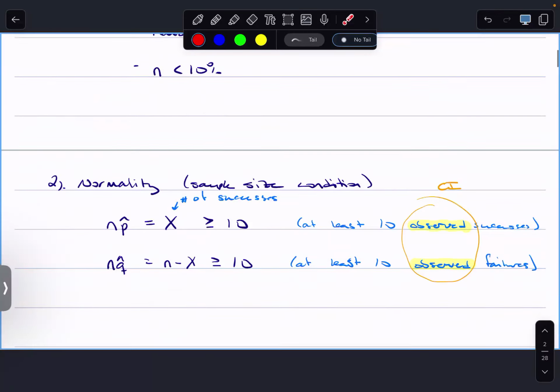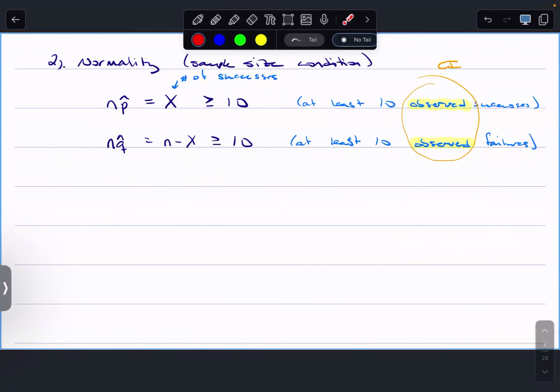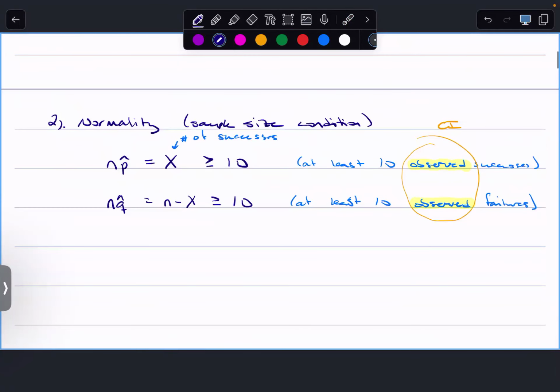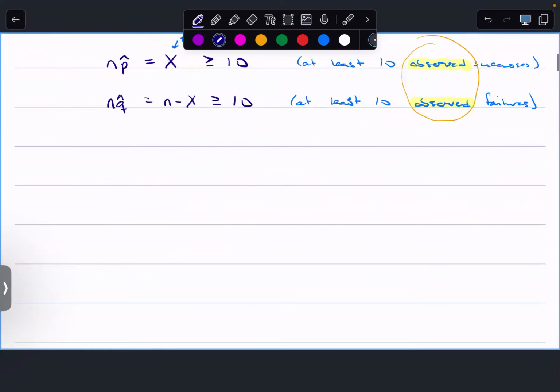Now let's see, what else did we talk about? So that's the end of the conditions. If the conditions are met, I'll even say they will be, so it's not a matter of, oh no, this didn't pass.